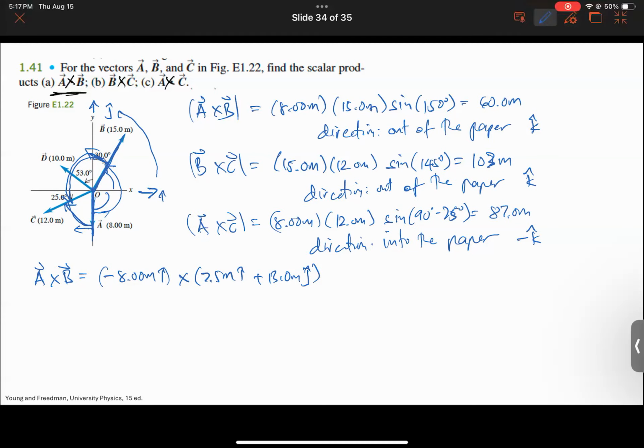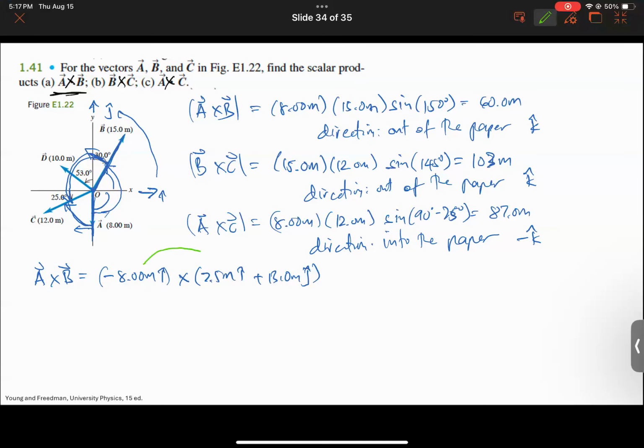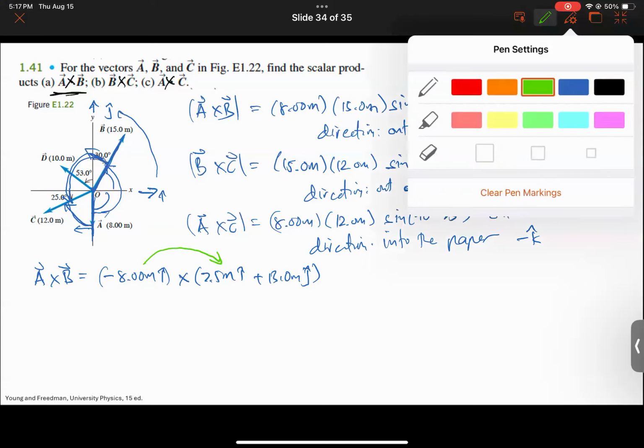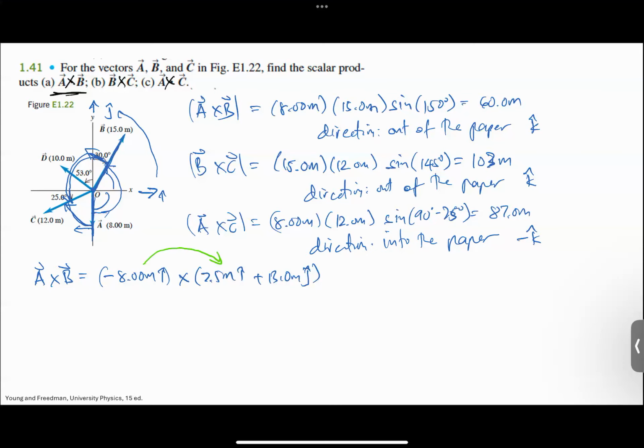So we have 8 times 7.5, and then I cross J. What is I cross J? I, J, K. So I cross J is K. So we have 8.0 meters times 7.5 meters, K hat.